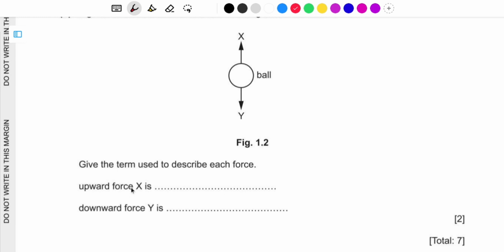So the upward force X can be the air resistance. Or if you don't want to say air resistance, you can also say this is the drag force.